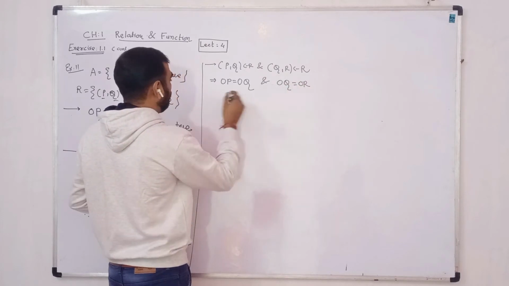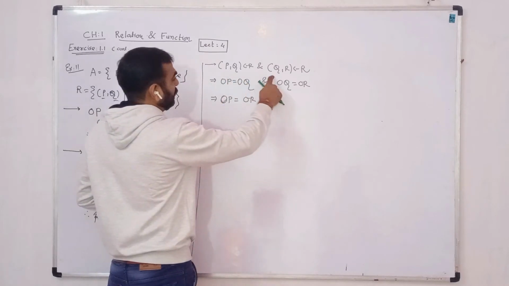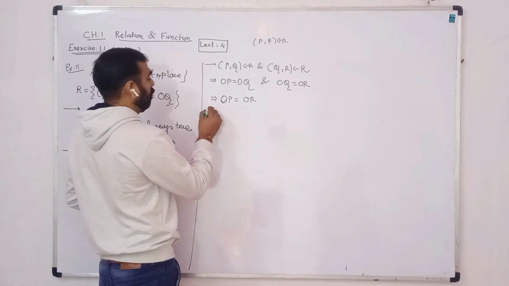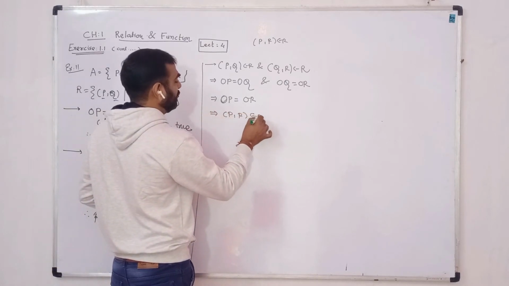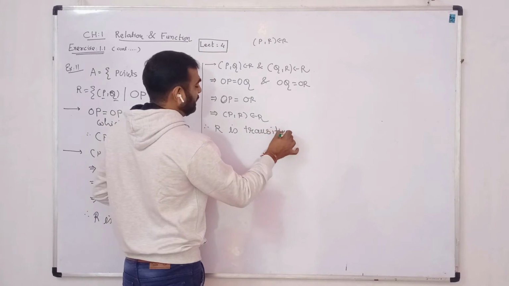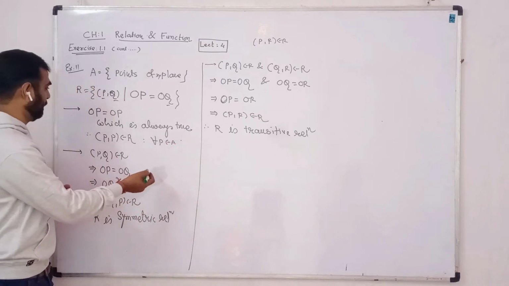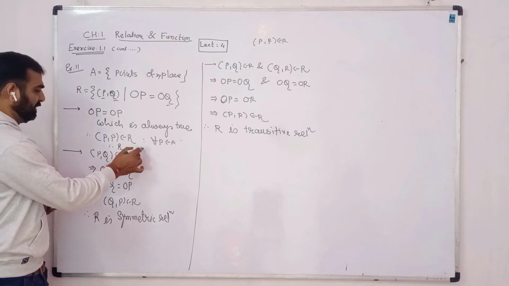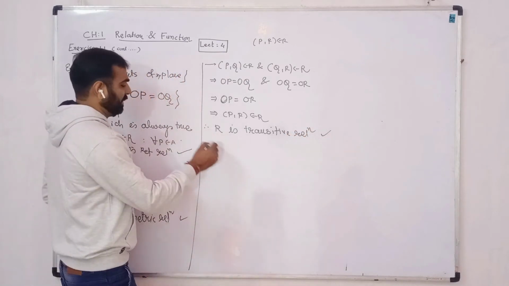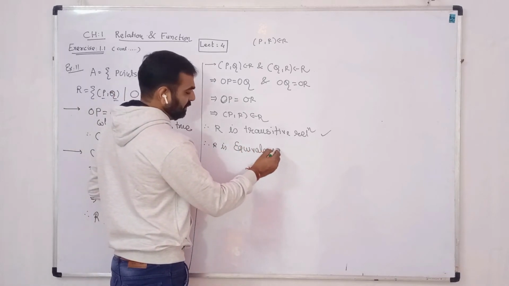OP is equal to OQ and OQ is equal to OR, so we can write OP is equal to OR. We know PQ and QR, so we need to show that (P, R) belongs to R. For PR, OP should be equal to OR, which holds. So we can say that (P, R) belongs to R. Therefore R is a transitive relation. Also, since (P, P) belongs to R, R is a reflexive relation. It is reflexive, symmetric, and transitive. So we can say that R is an equivalence relation.